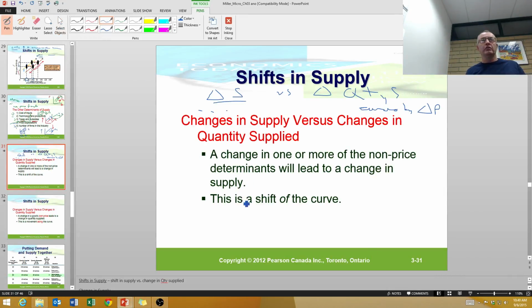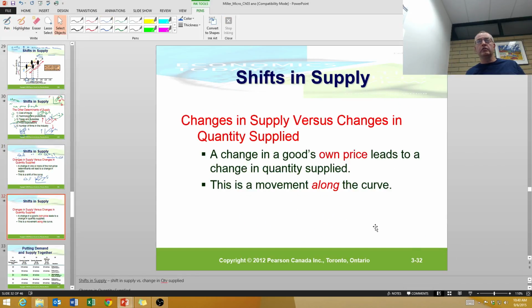Okay, so when we talk about changes in supply, we're talking about a shift of the supply curve. S1, S2, S3. I thought there was a diagram, but there's not.